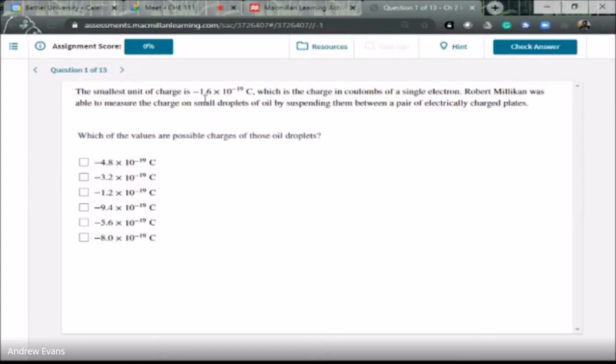If one electron is 1.6, two electrons would be 1.6 plus 1.6, or 3.2. If I had three electrons, 1.6 times 3, 4.8. So you're looking at which of these guys are multiples of 1.6. You can have multiple numbers here. So you have to figure that out. Not all of these are correct.